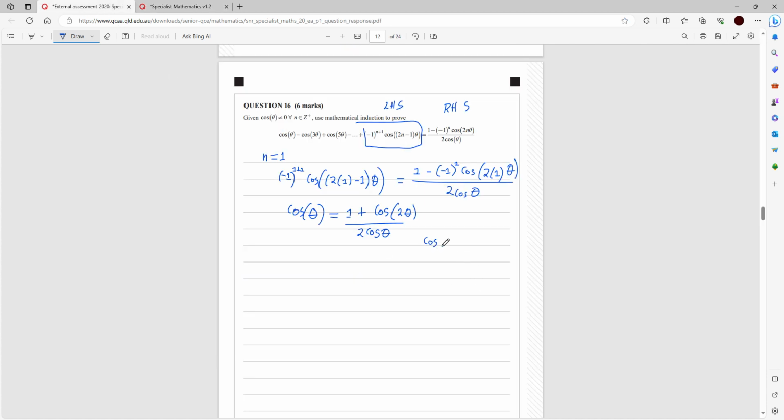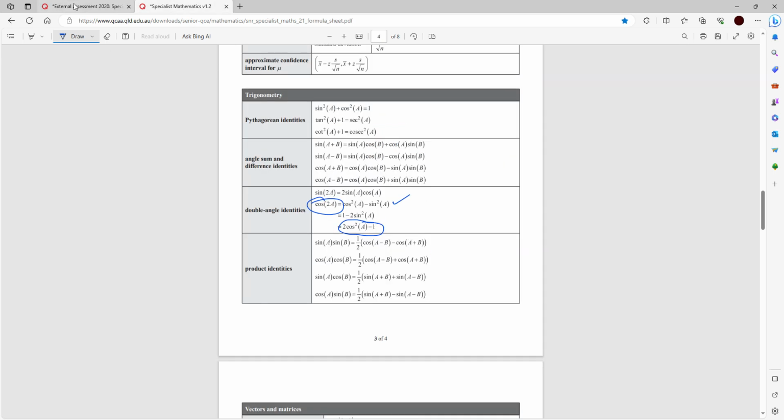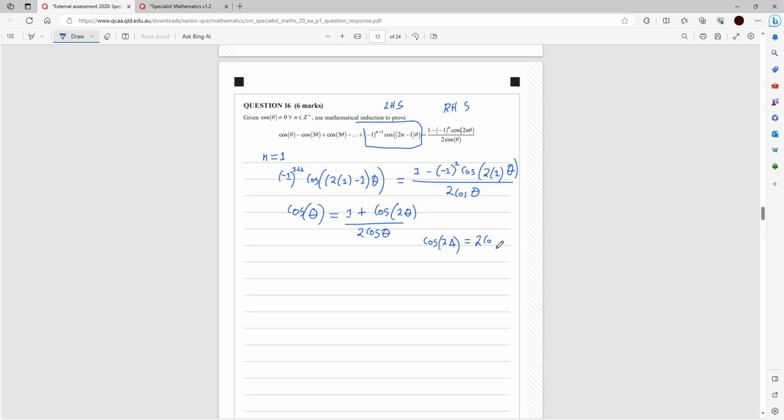So cos of 2a is equal to 2 cos squared of a minus 1. If I rearrange this, I have cos of 2a plus 1 is equal to 2 cos squared of a. Is that not our expression we have up there? So I have 1 plus cos 2 theta.